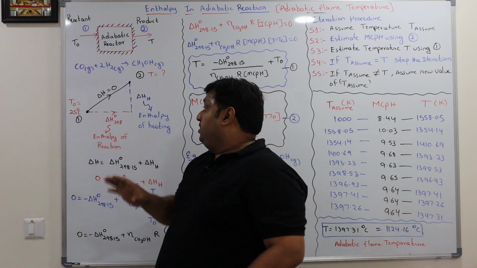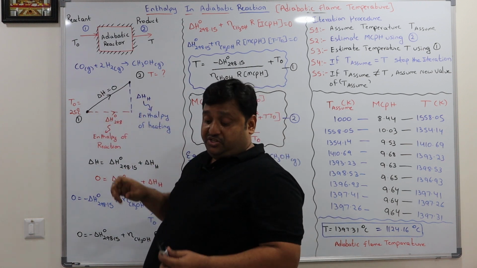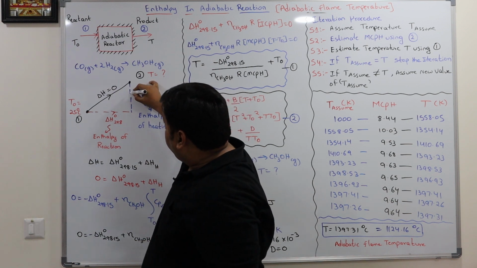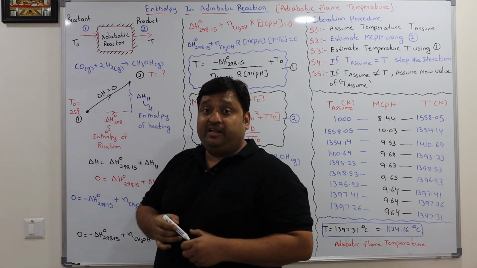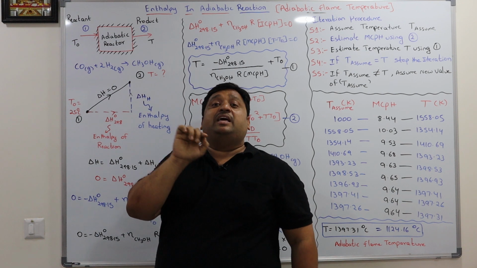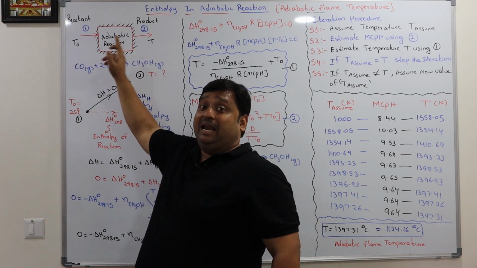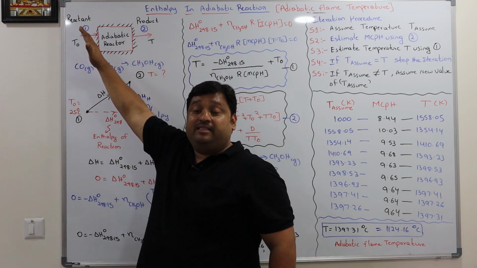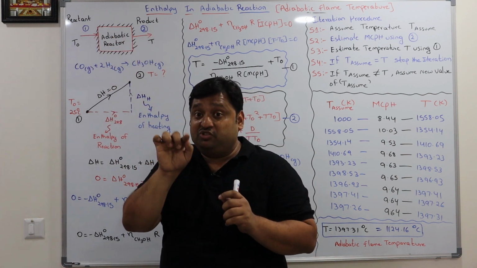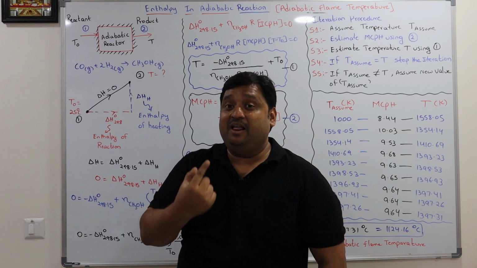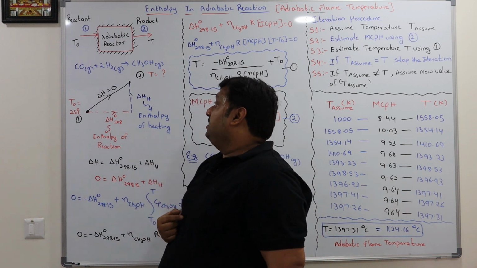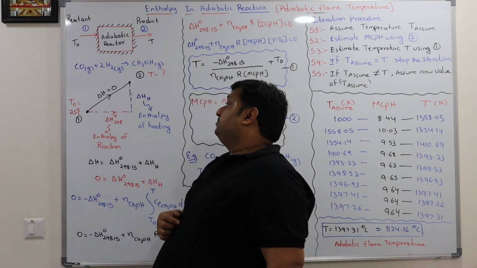So let us use a picture to understand the concept. Adiabatic condition means the change in enthalpy is equal to 0 before and after the reaction. If you calculate the enthalpy before and after, delta H will be equal to 0. That is what adiabatic conditions are: change in enthalpy equal to 0.